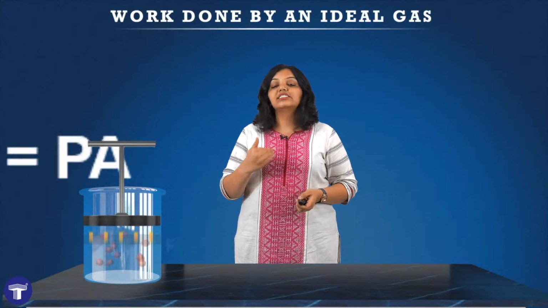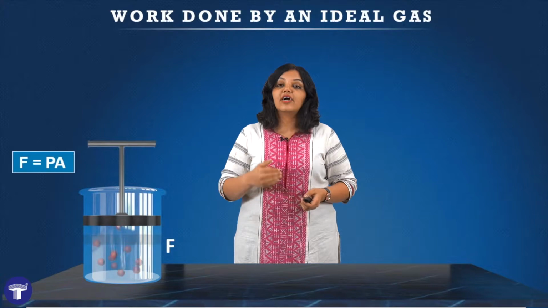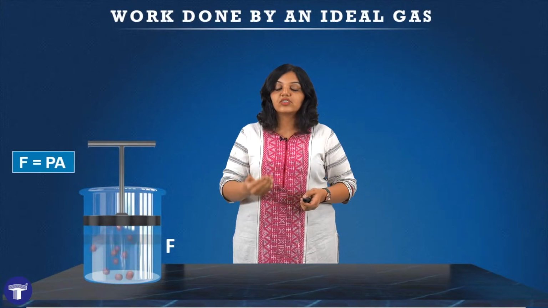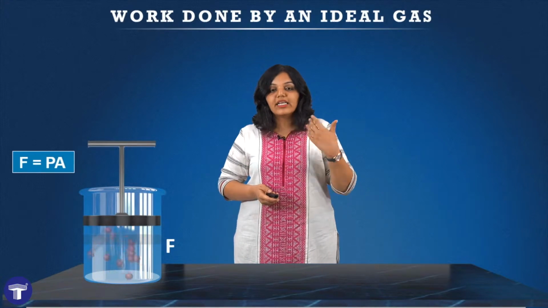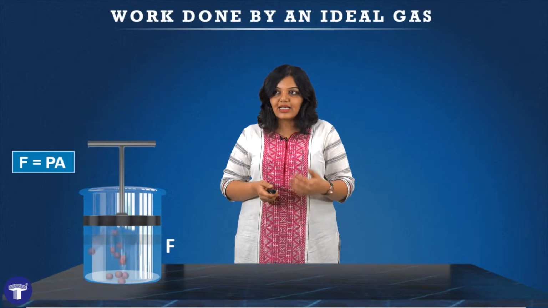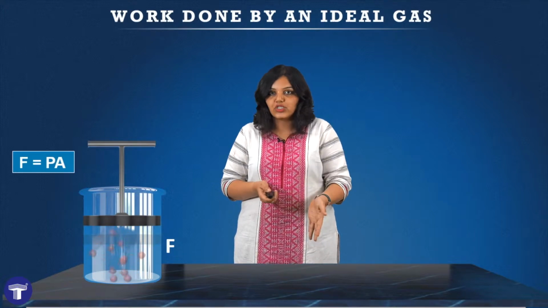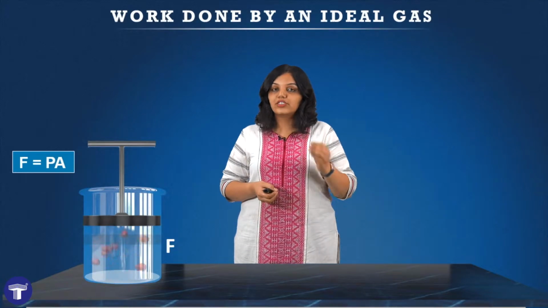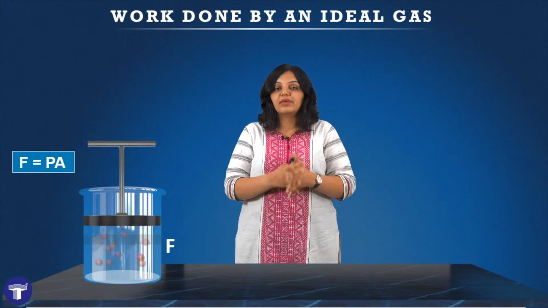Because of this, the gas is exerting a force on the piston. And this force will be nothing but the pressure of the gas multiplied by the area of cross section of the piston, as we know from the definition of pressure. So force is equal to pressure into area, and I say that the force is PA.